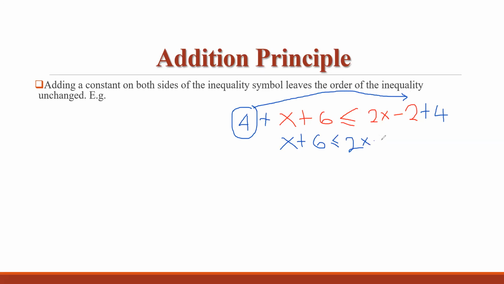So it is 2x minus 2 plus 4, this 4 here, then I subtract this 4. So at the end, the 4s are going to cancel, and you get the initial inequality. So that's what we mean. If I have another inequality, I can give another example.